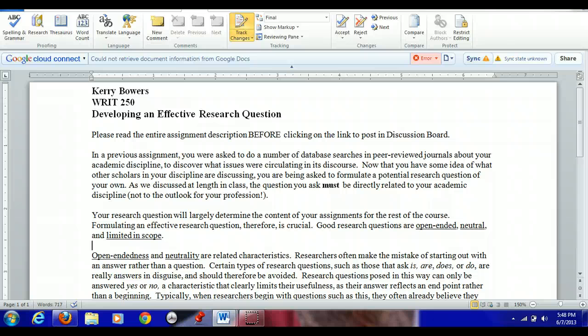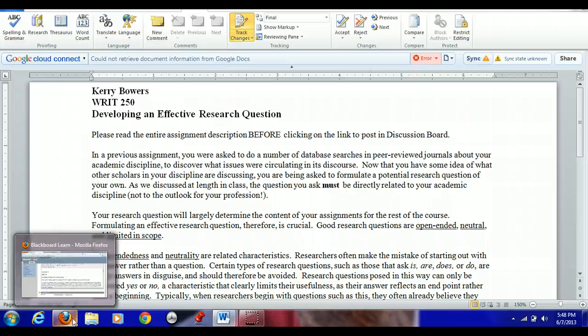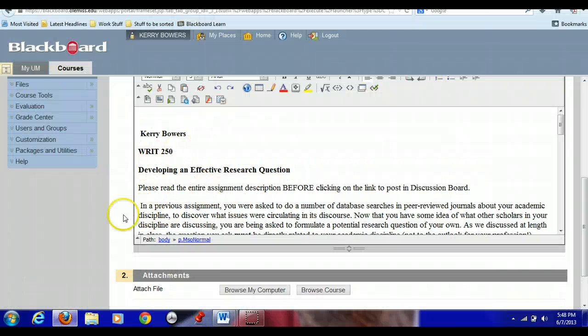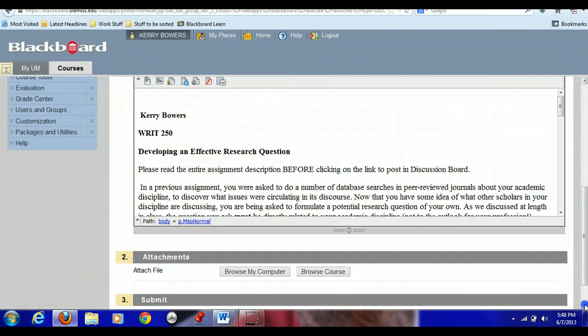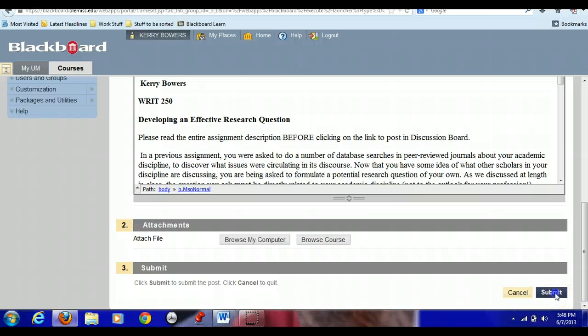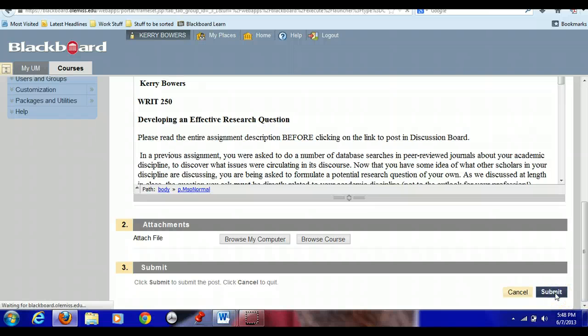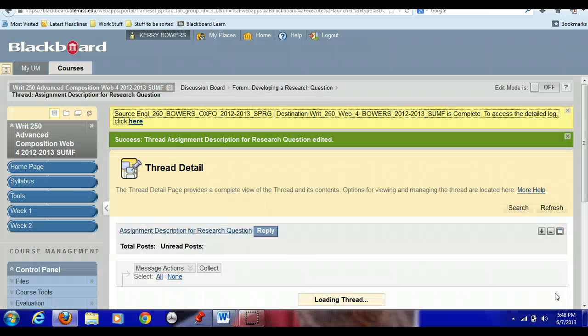But this is the assignment that I was looking at. It was not displaying correctly in Blackboard. So I fixed it there. I'm looking at it in Microsoft Word now. Here it is in discussion board. So there's a thread in discussion board that will have the same information. We'll make it available to you.